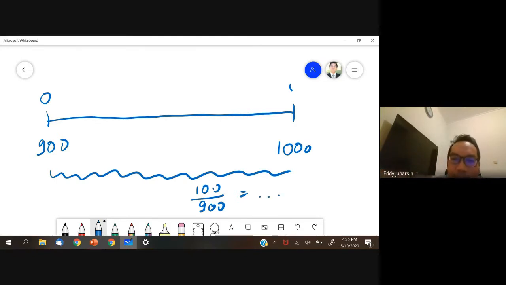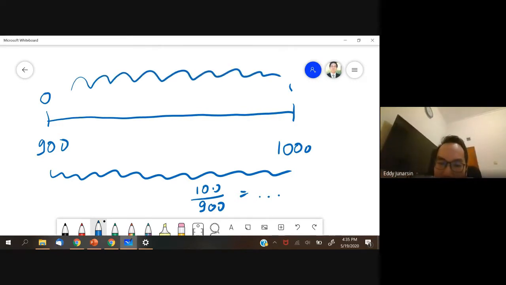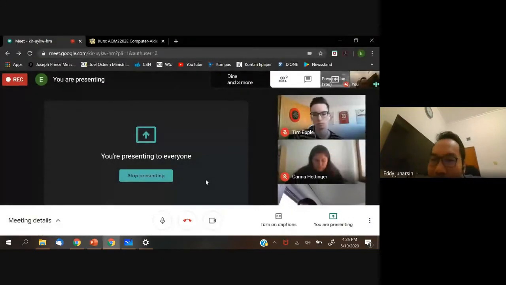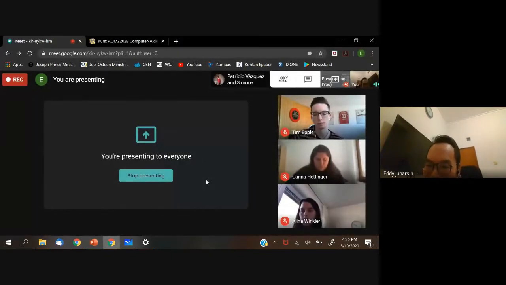But you see, the idea here is that we don't receive any interest payment. That's why we call it a zero coupon bond. So when we try to define the zero coupon bond, we don't say that there is no interest income, but that the interest is embedded in the buying price, because you buy it at a lower price and you redeem it at a higher price.